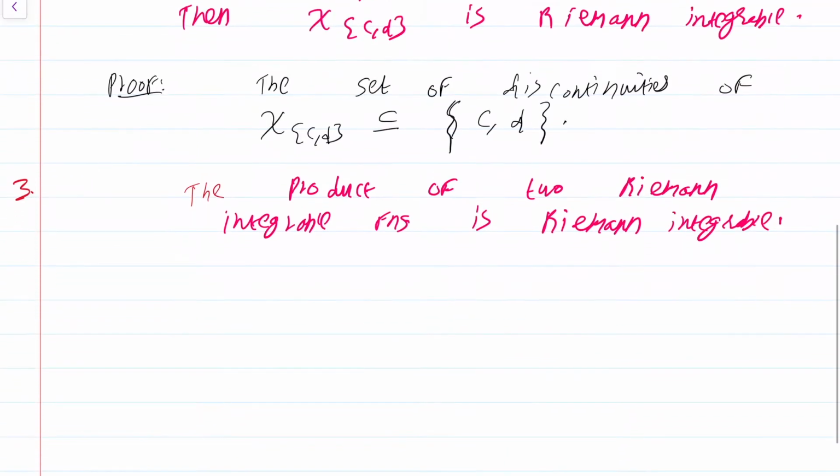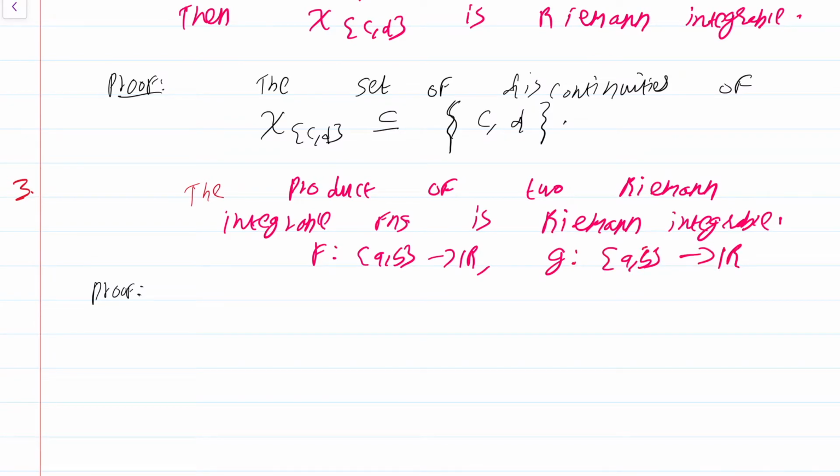The proof is not hard. Of course I must write where these functions are defined. f from [a, b] to R and g is also from [a, b] to R. Now proof. So obviously f times g is bounded.